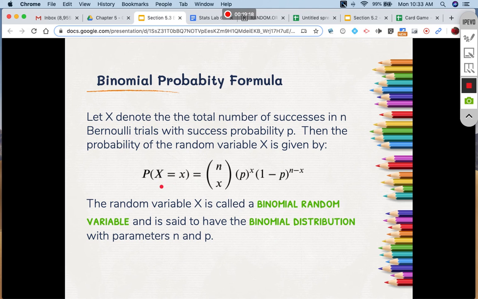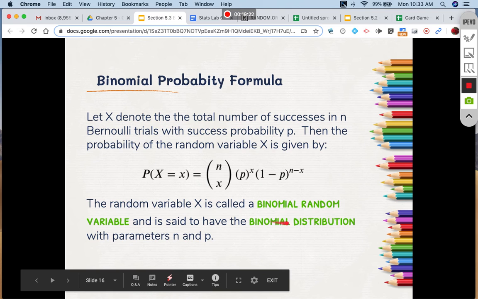X is my binomial random variable. The binomial distribution has, we say, parameters of n and p. So parameters, we're talking about a population. The only things that will affect this distribution are how many trials we did and what's the probability of success.